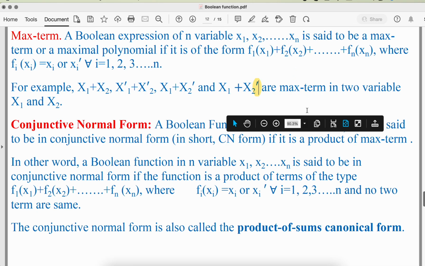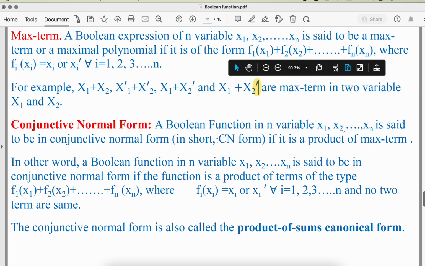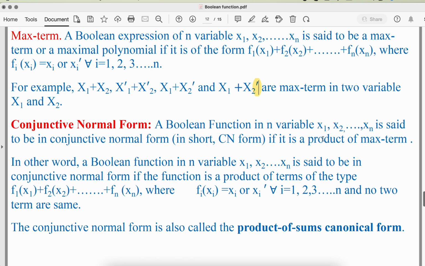Now conjunctive normal form. A Boolean function in n variables x1, x2, ..., xn is said to be in conjunctive normal form if it is a product of max terms.